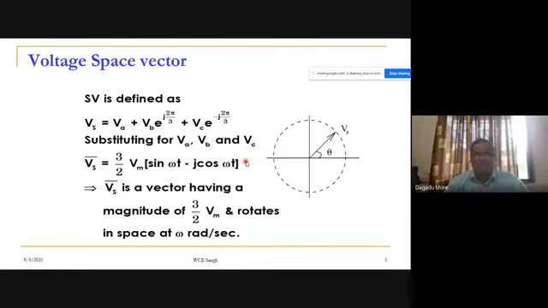The conclusion regarding three phase balanced sinusoidal voltages is that our space vector has a constant amplitude of 3 by 2 Vm, where Vm is the peak value of a phase voltage, and it rotates at omega radians per second, requiring one cycle time to complete one rotation. For a 50 hertz supply, our space vector will take 20 milliseconds to complete one cycle.